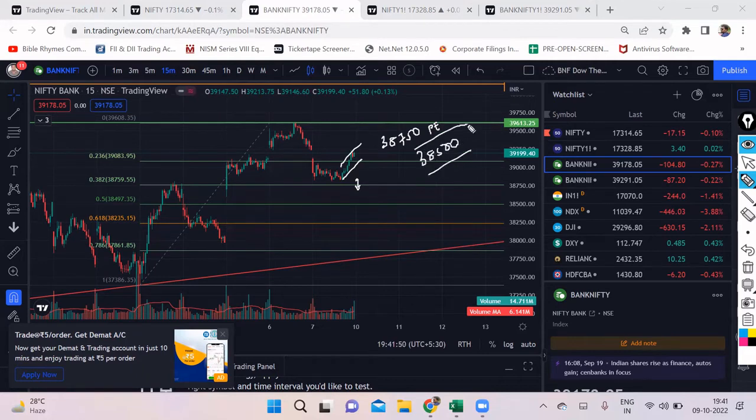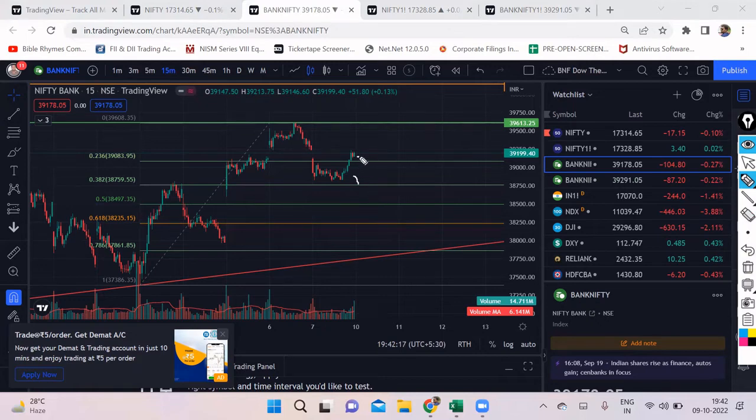Here we'll book the full profits because this is 0.5. Both these levels are strong reversal levels, so it may take a halt or go sideways for maybe an hour or so, and then in the second half it may try to recover. So on the downside, this is how we'll plan. Once they break 38,750, we'll trade for this range.